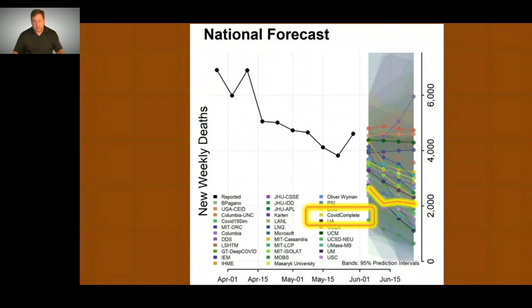I'm on the low end of the scale, but the purple line that is directly above mine, which maybe you can see and maybe you can't, is the Ensemble forecast, which is the forecast of record for the CDC. So I'm a little bit lower than the Ensemble, but definitely on the low end overall. That said, my forecasts have been among the more accurate, and I'll say a little bit more about that in a minute.